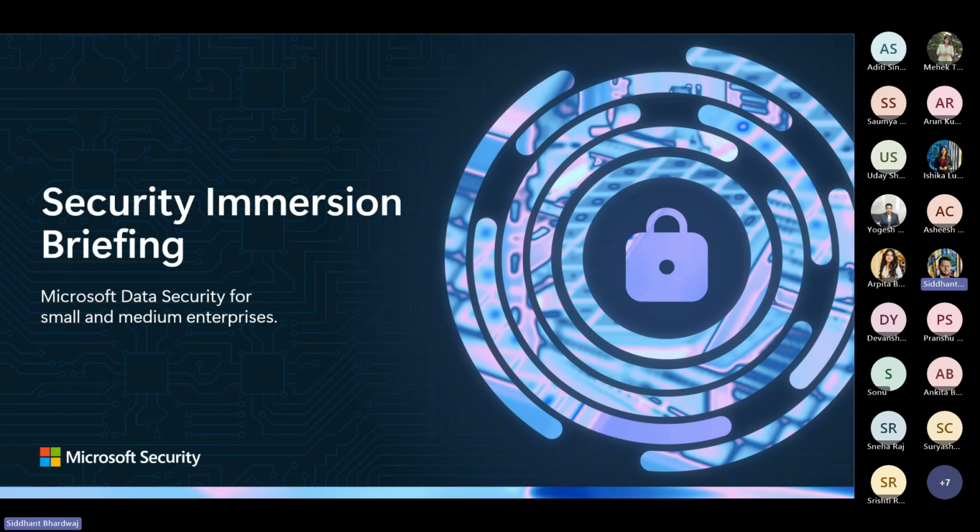How are you managing the data risk from this extended attack surface area? While we'll go through all the tools and offerings from Microsoft and all the different aspects of data security, we'd like to understand from you what you have seen, what you have experienced, and how you are currently managing it. So let's get started with the briefing itself.